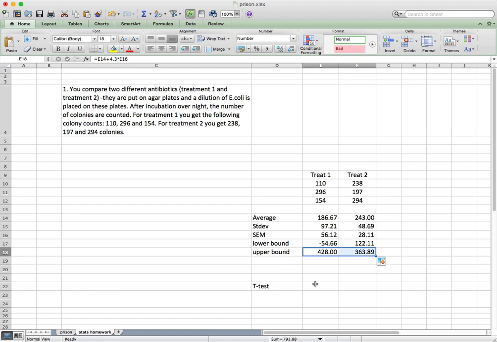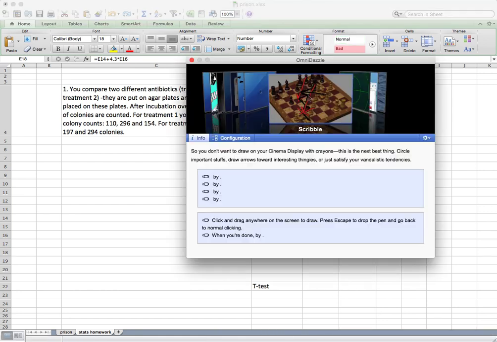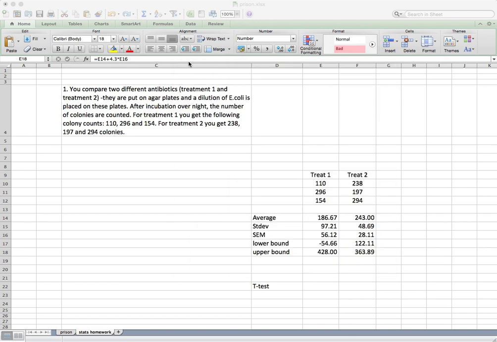And for that, we need to formulate our null hypothesis. So let's quickly write down the null hypothesis. In this case, we can say the null hypothesis H naught means there is no difference between the means of the two data sets.